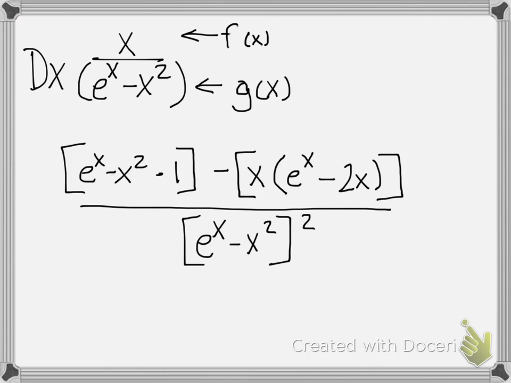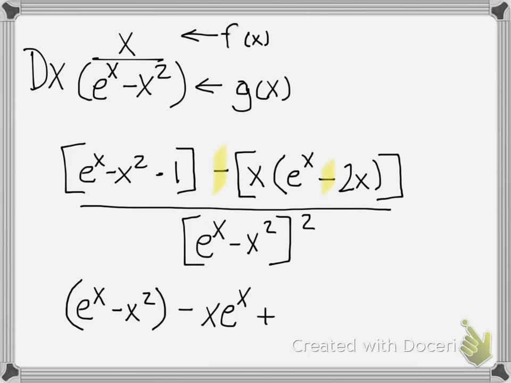And so, basically just go through and multiply that out. So we would have e to the x minus x squared minus x e to the x plus, and the reason that's a plus is we have a negative times a negative.